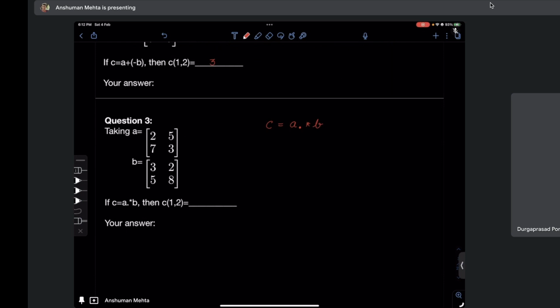Any MATLAB user would know that dot is for element-wise computation. If we put a dot in front of some operation, it will do it element-wise. So it will take 1 comma 2 of matrix A and 1 comma 2 of matrix B, that is 5, and multiply those. So the answer will be 10.